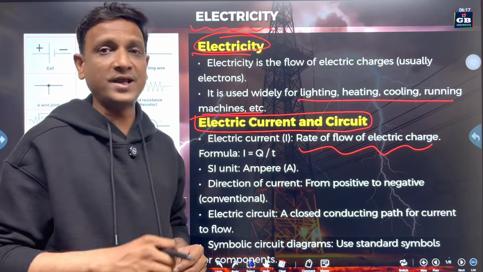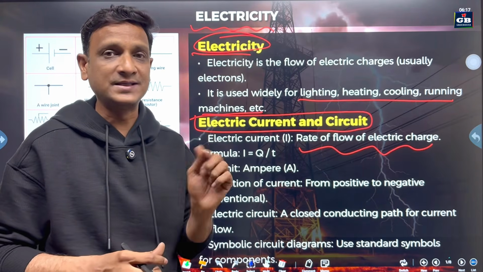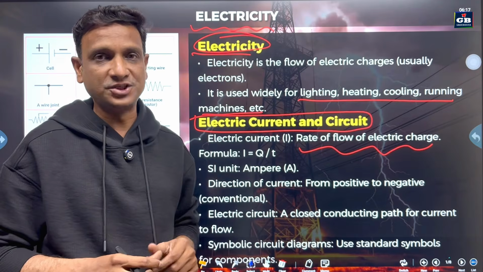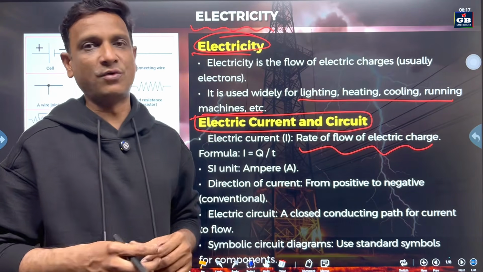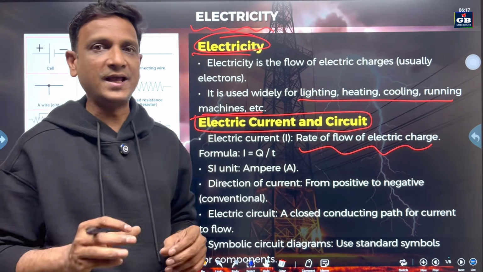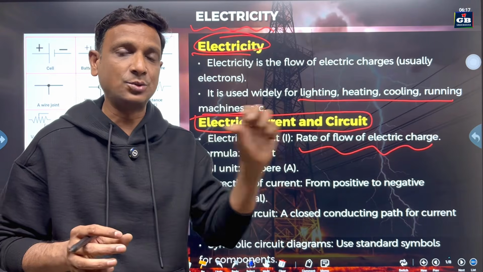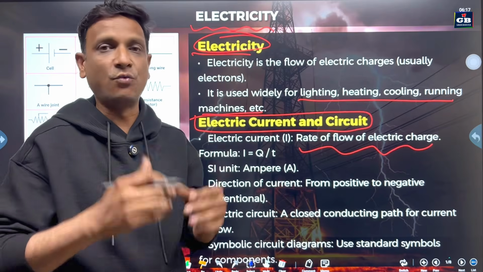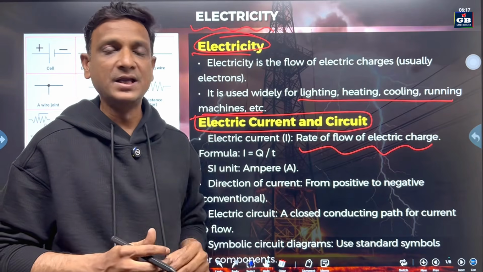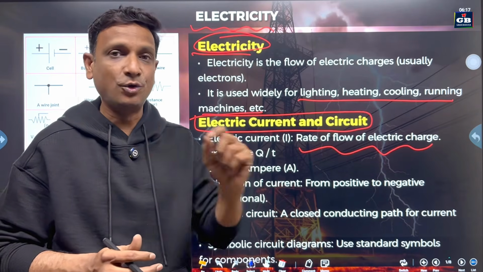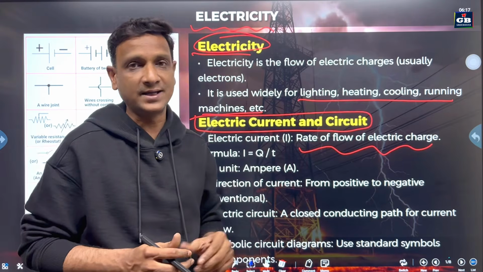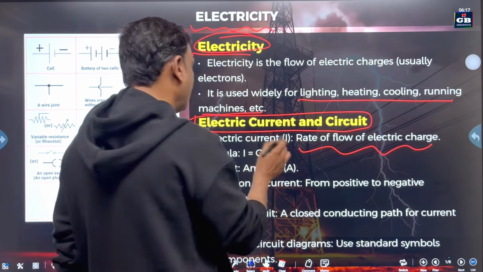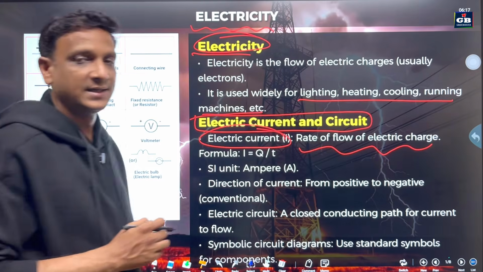If you would like to calculate how much water is flowing through this pipe per 1 minute, that is the rate of flow of water. In the same way, if we measure the rate of flow of electric charges flowing in a conductor, that is called electric current.